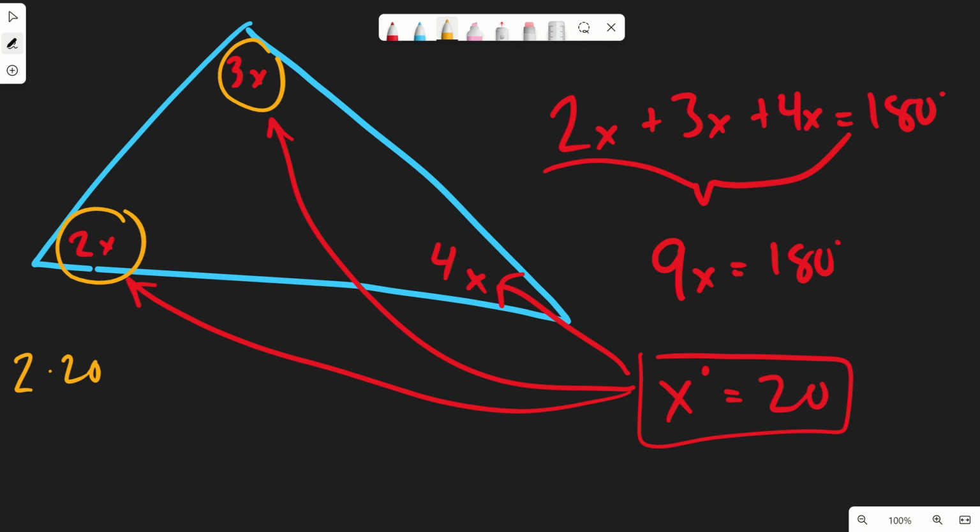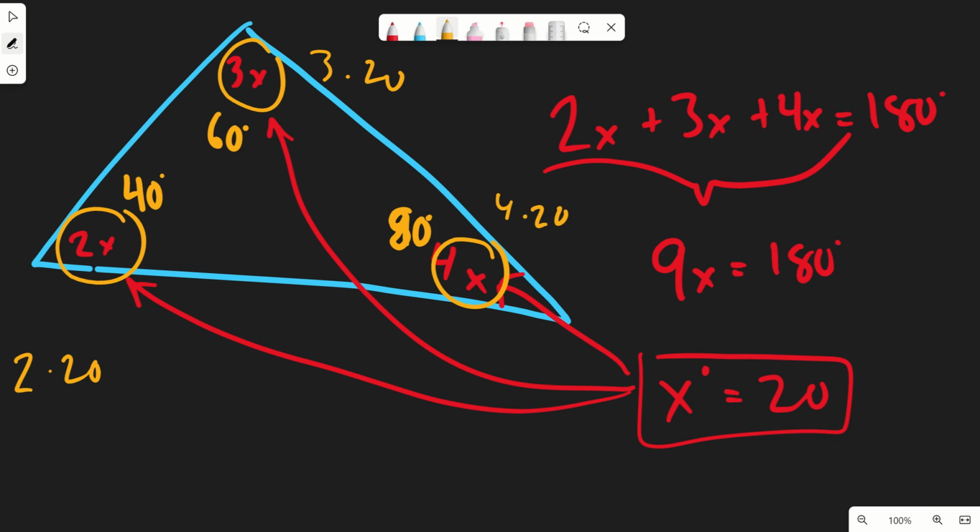This right here will become 3 times 20. This right here will become 4 times 20. And I'll get an angle measure of 40 degrees, 60 degrees, and, did my math wrong there, 80 degrees. 40 degrees, 60 degrees, and 80 degrees. And those are the measures of my angles.